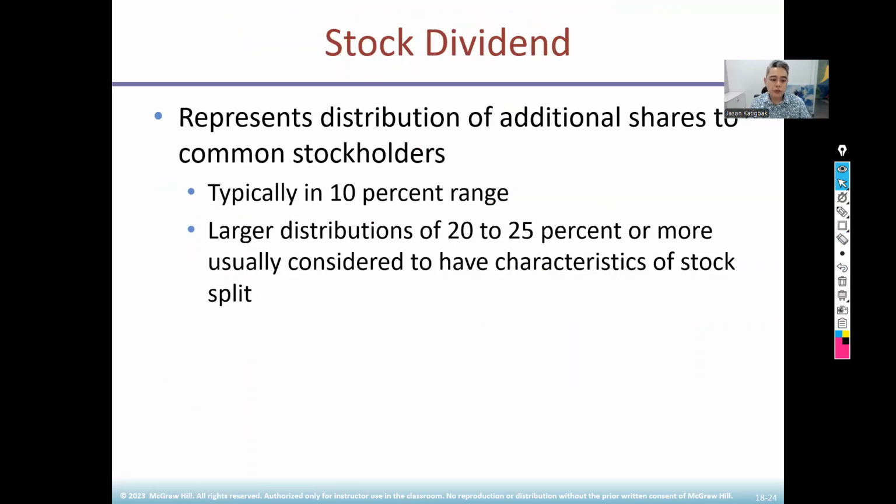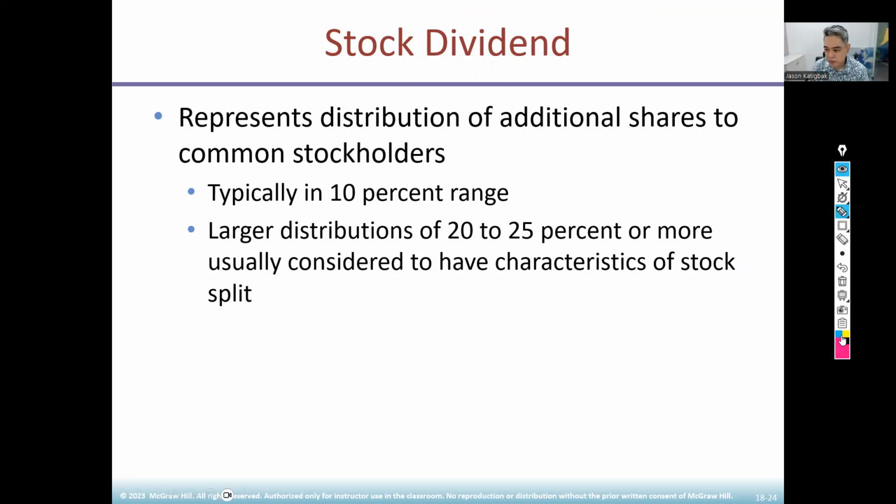Now, we're going to go to the last stage of the discussion, which is the stock dividend, the stock split, and also a reverse stock split, right? So the stock dividend is a distribution of additional shares to common shareholders. Normally it's actually in the 10% range.